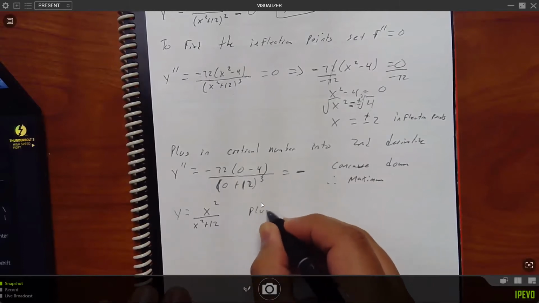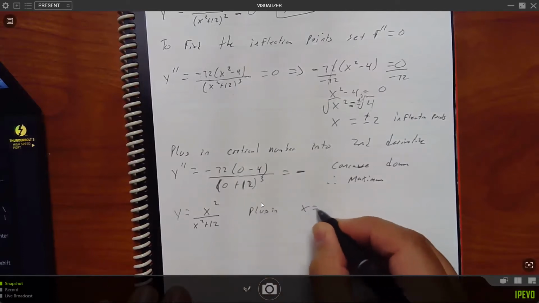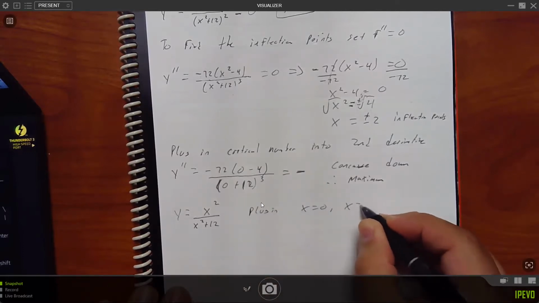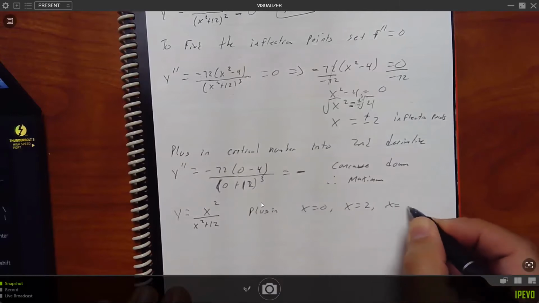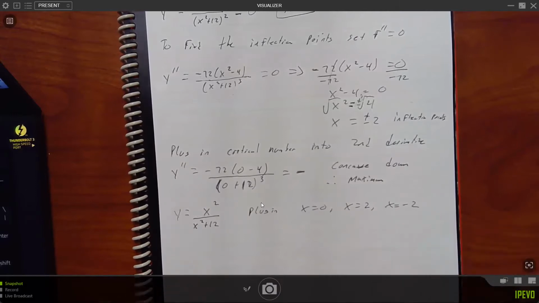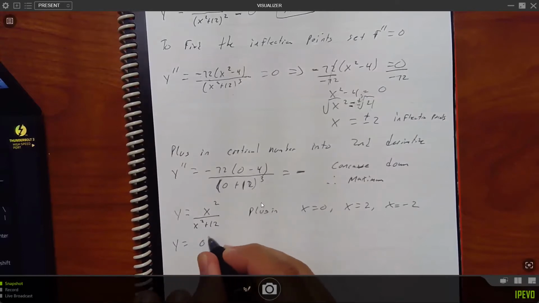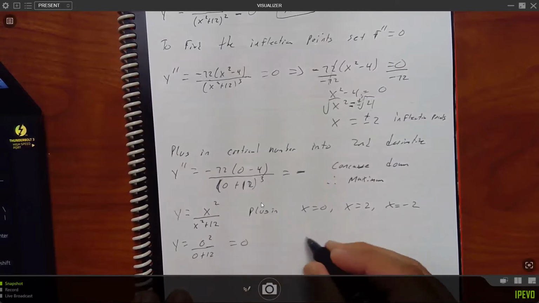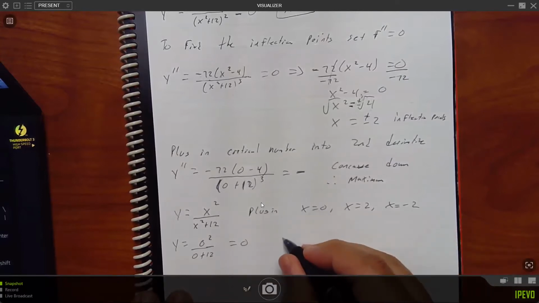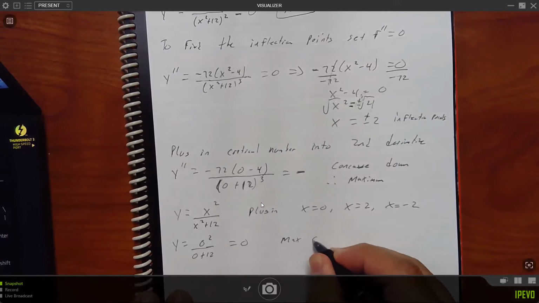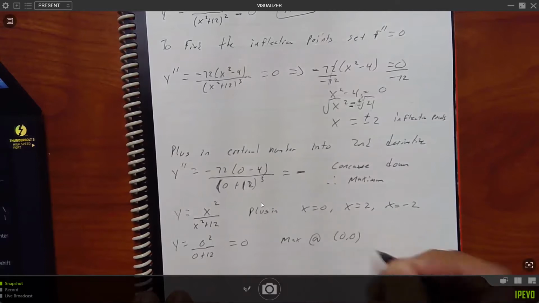So plug in x equals 0, x equals 2, x equals negative 2 to find the y values. So 0 squared over 0 squared plus 12 is 0. So max at 0, 0.